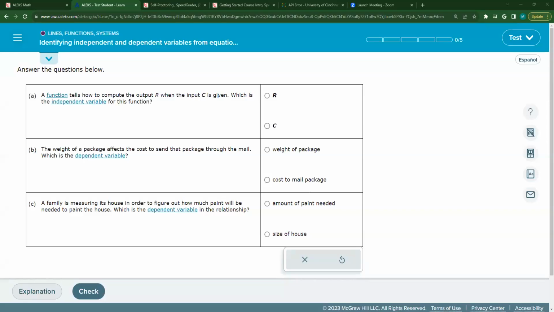All right, identifying independent and dependent variables from equations and real world situations. So first thing we need to know is a little bit about what we're talking about. So independent variables. Those are going to be your domain.